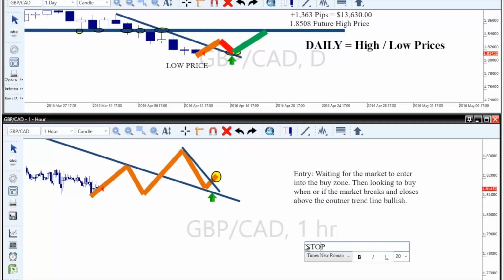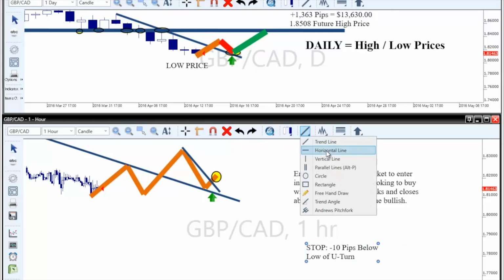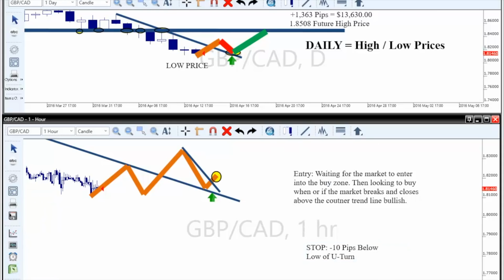Stop. Stop will go 10 pips below the low of the U-turn. So if this is your entry, whatever the low that formed before the counter trend line break, or the lowest point, just 10 pips below there. So 42, 32. So that's your low, 10 pips below there.